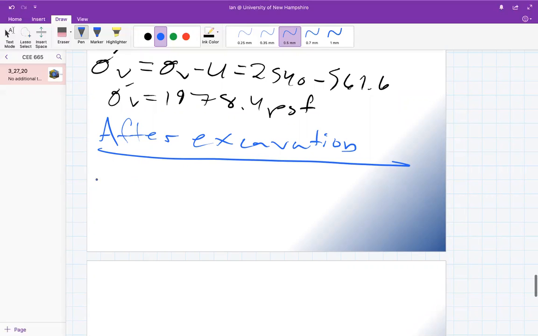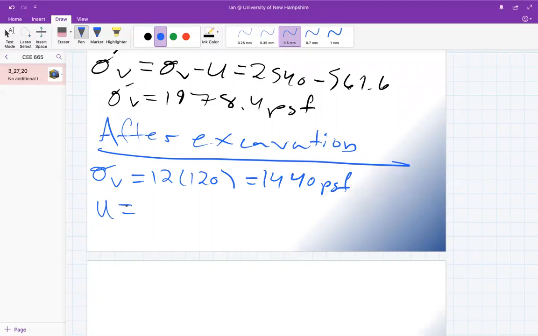So let's start off with the total vertical stress, which will be 12 times 120 equals 1440 PSF. And then we're going to find the pore water pressure, which will be 12 minus 3. And the pore water pressure shouldn't change because we're assuming that it stays exactly where it was. But this isn't a very realistic thing. But for this problem, this is what we're going to assume. And it's going to be exactly the same.